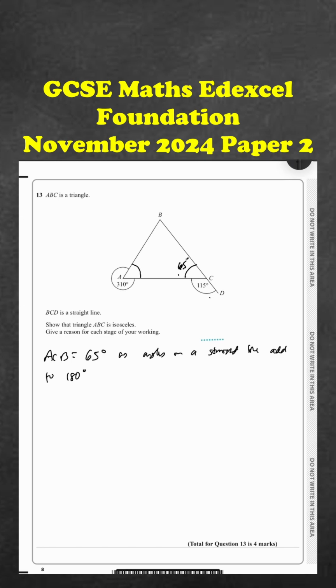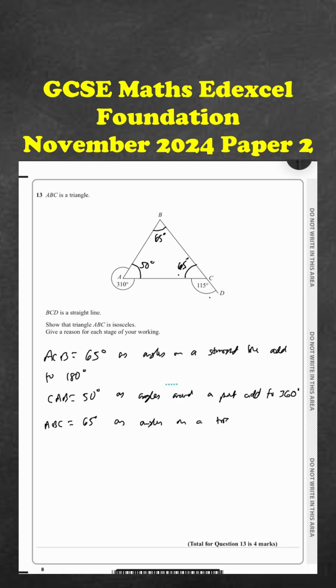Then we can say this is 50 degrees, and that is angle CAB equals 50 degrees, as angles around a point add to 360 degrees. Therefore, this makes this 65 degrees, so ABC equals 65 degrees, as angles in a triangle add to 180 degrees.